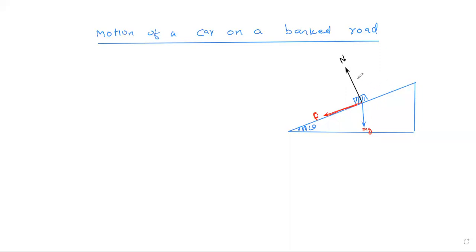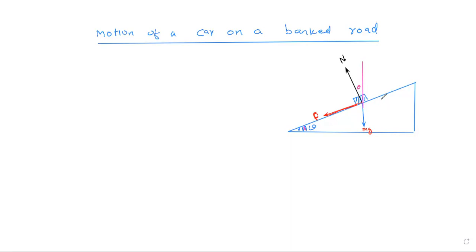Then we have two components of the normal. So we can make it as, if you take like this, if this angle is theta, then this angle also theta.